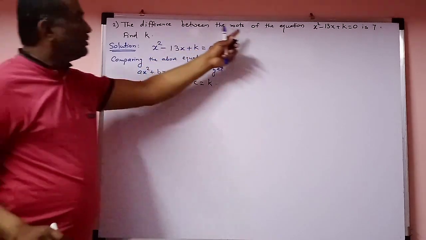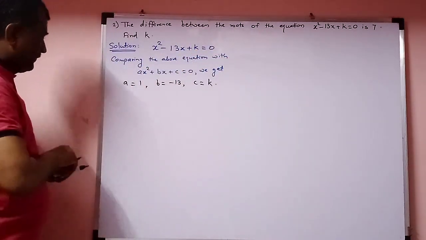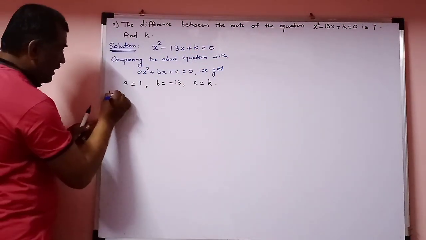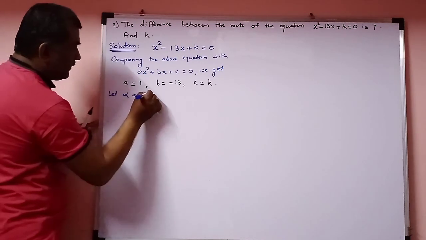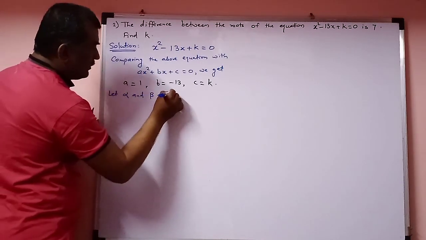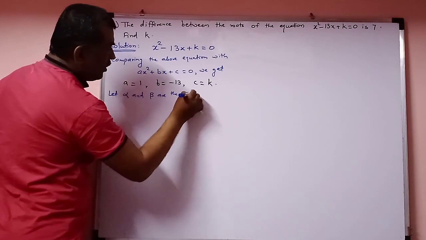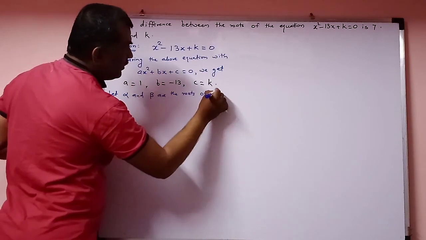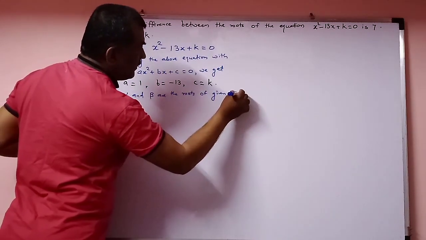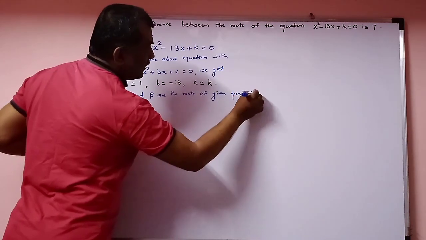Now the roots of this equation: let alpha and beta be the roots of the given quadratic equation.